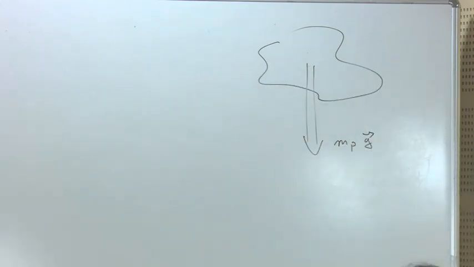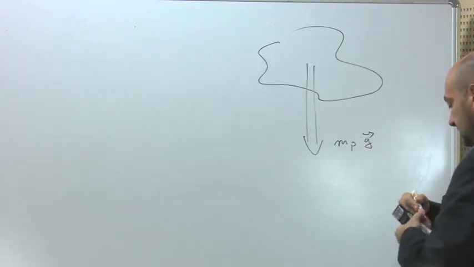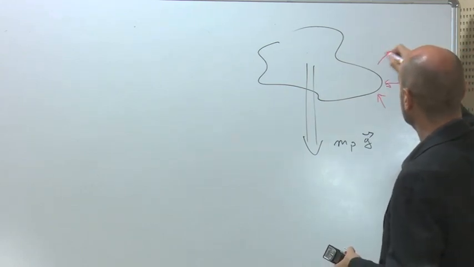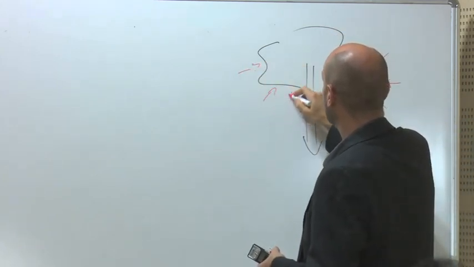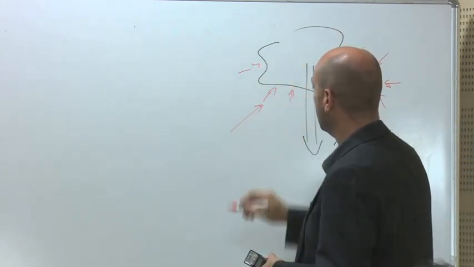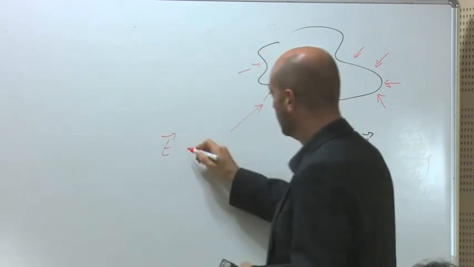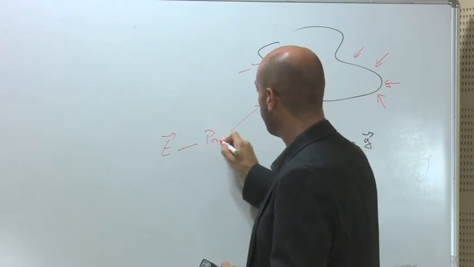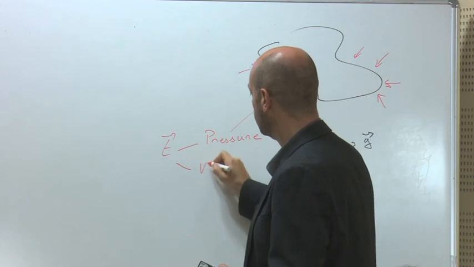And then you have forces related to stress acting on the particles along the surface. Okay. And this stress, let's call it T, may have two origins. One is pressure, and the other one is viscous.